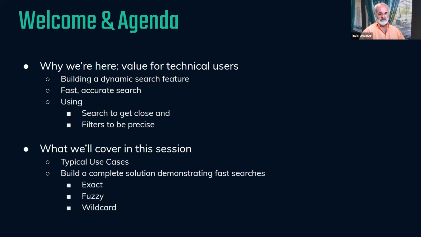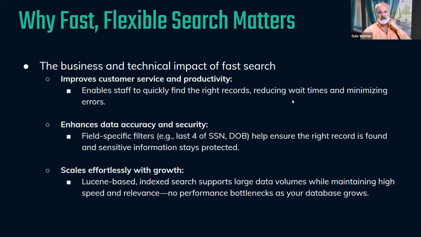So we'll get into some typical use cases. We're going to build a complete solution from the ground up that's going to demonstrate these fast searches, but we'll build it so that it can be exact. We'll talk about doing some fuzzy searches and also some wildcard searches. So lots going on, but none of it's very complex.